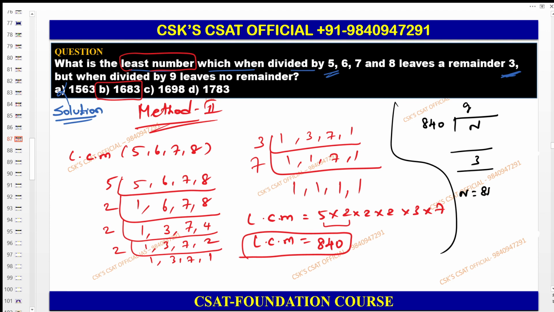So n is equal to 840q plus 3. Now we need to go with the hit and trial method. When q is equal to 0, n is 3, that is not okay. When q is equal to 1, n is 843. Is it divisible by 9?